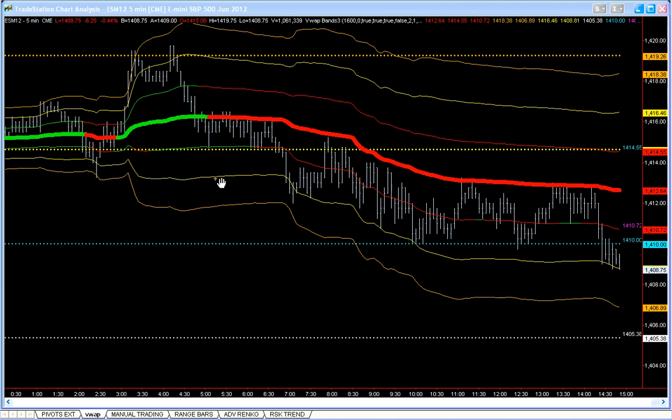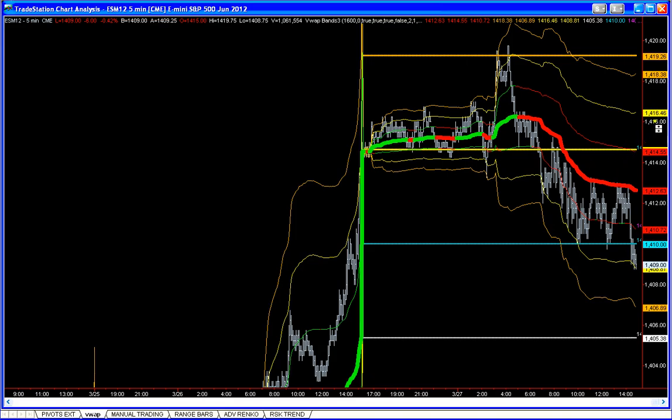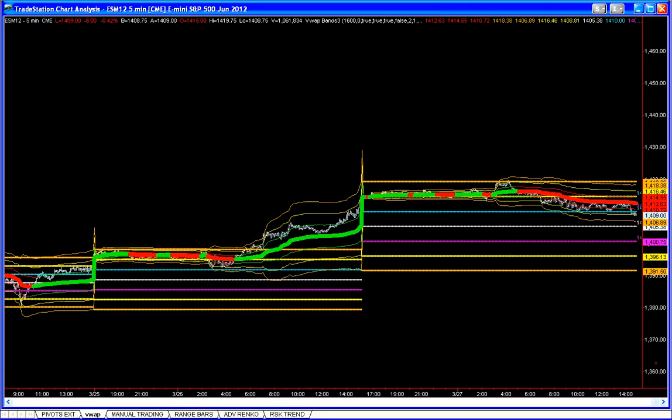Now that's a very crude, general rule. If you go 3 standard deviations, you're really pushing the limit. Can it move greater than that? Generally not. Generally not.